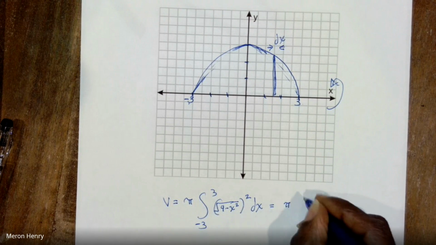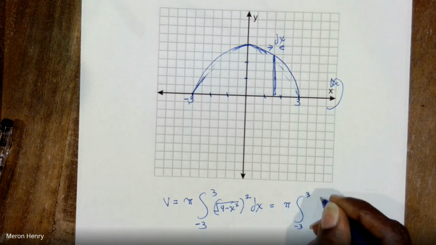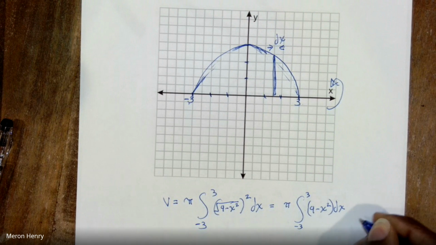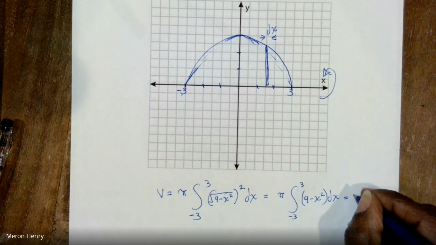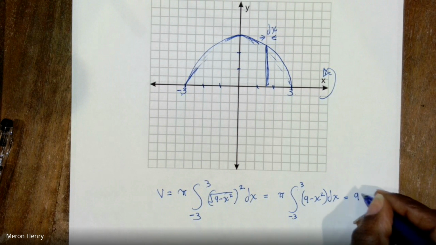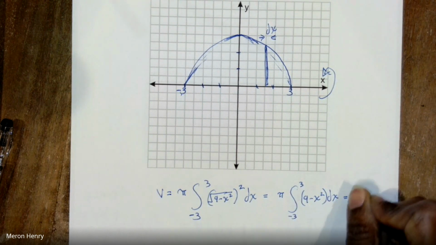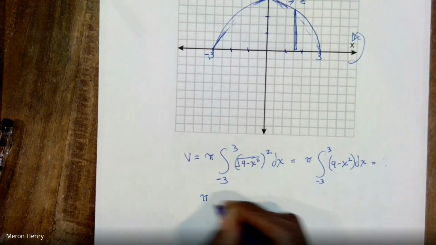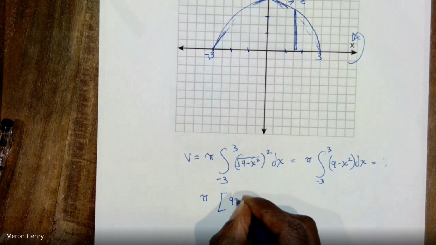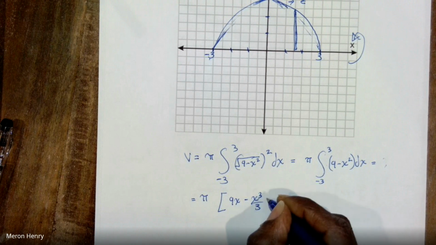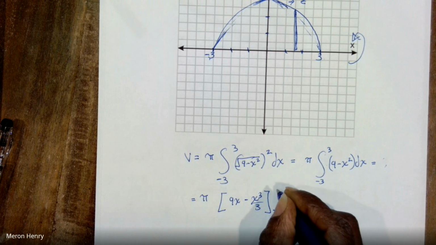So we're going to end up with the integral from -3 to 3 of 9 minus x squared dx. So this is a simple power rule, and this will give us pi times 9x minus x cubed over 3 from -3 to 3.